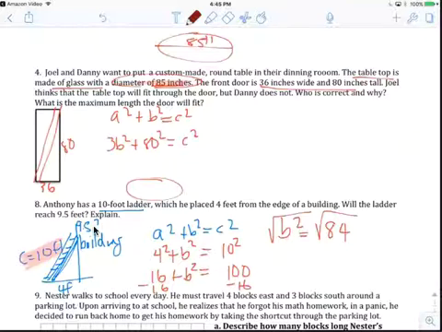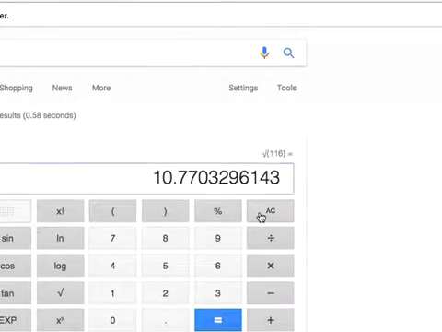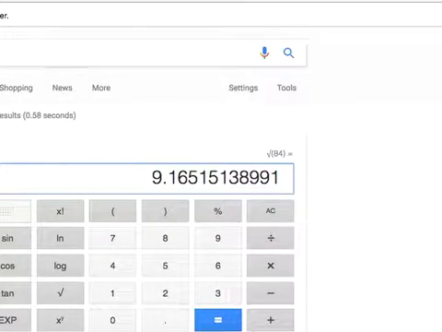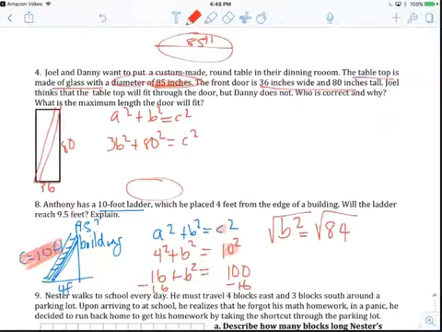This was C. You have to put it here, not for B or A. And then you find the square root of 84 here. Clear. Square root of 84 equals 9.16. So basically it's 9.2. Okay, the ladder can only reach 9.2. 9.5 is too high.